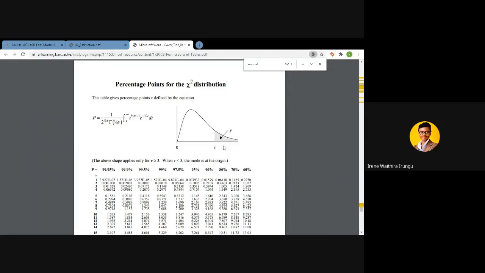So this is our shaded area. Whatever is within these tables represents this shaded area.